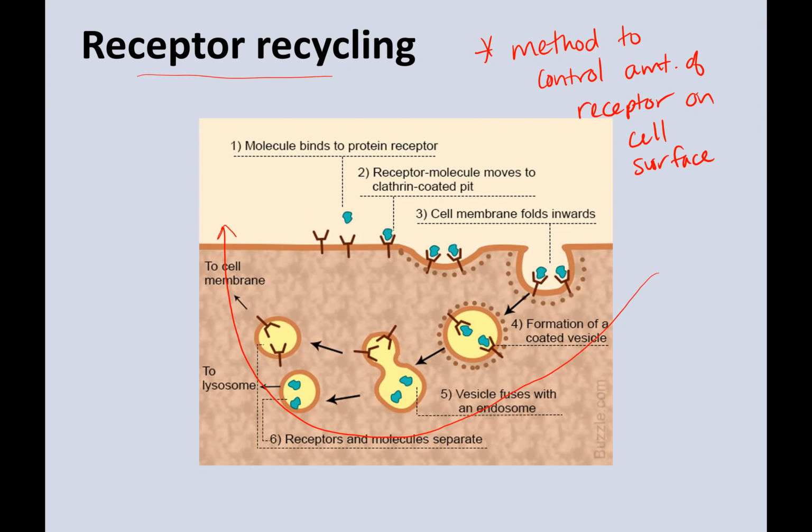The problem is if you don't do this, if you don't regulate the amount of receptor on the cell surface, then a cell can be overstimulated. So it has so many receptors, it keeps responding to whatever's out in the environment. That could cause things like cancer, overproliferation. So receptor recycling is an important use of endocytosis.